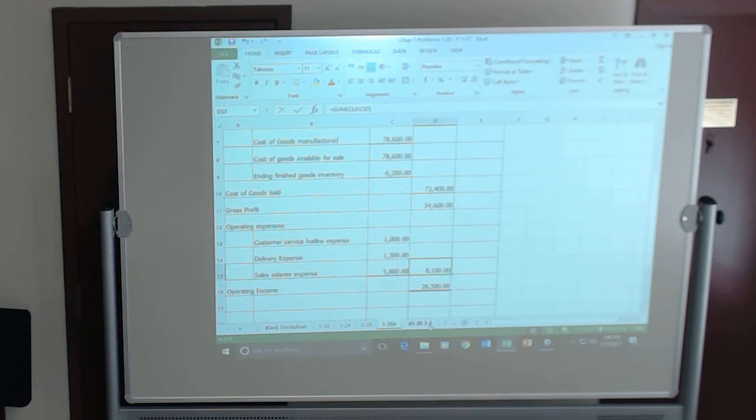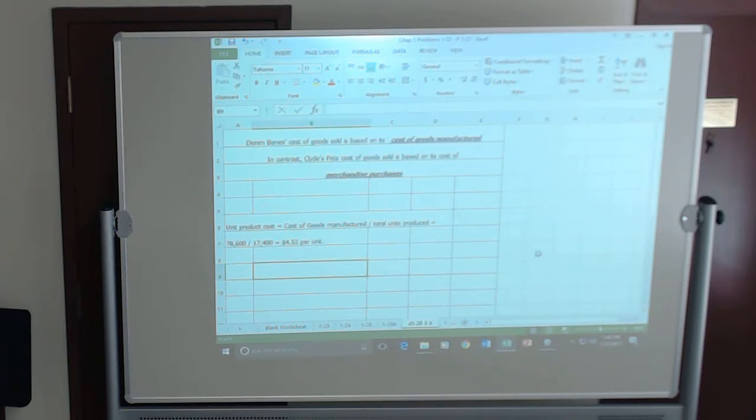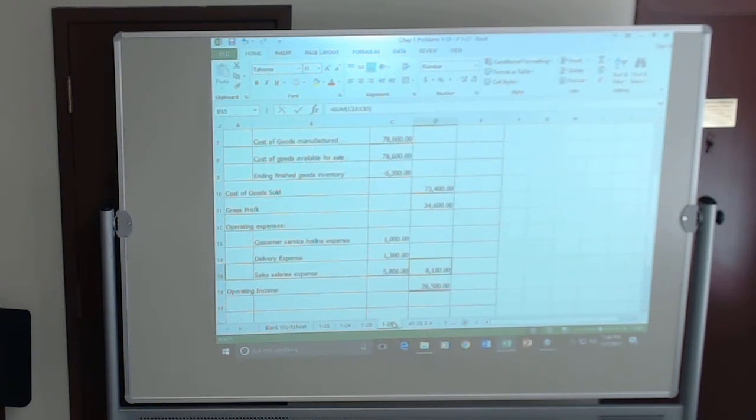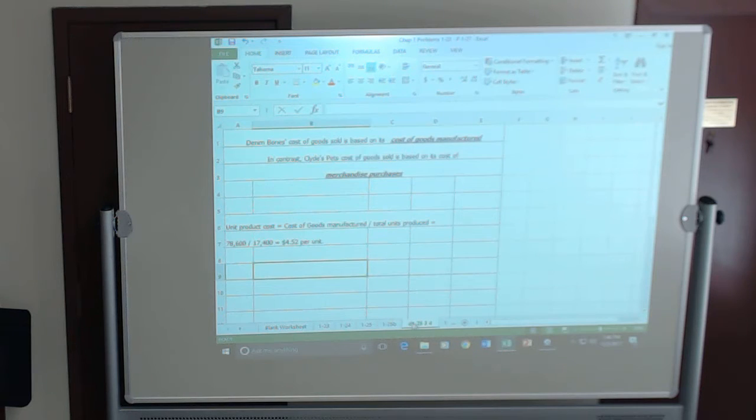So the third question on this, 25, the third thing they ask for is, how does the format of an income statement for Dim & Bones differ from the income statement of the merchandiser? After you've done all those numbers, it's just kind of a question to make you think beside the numbers.